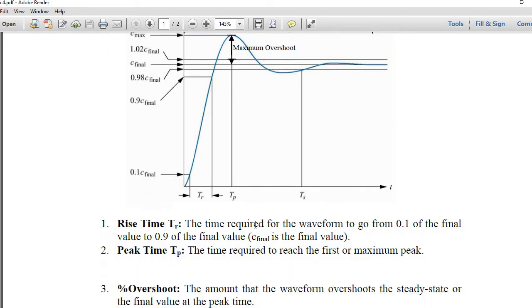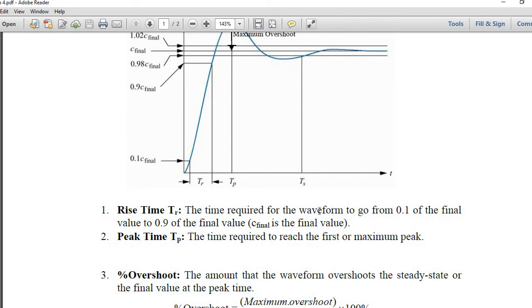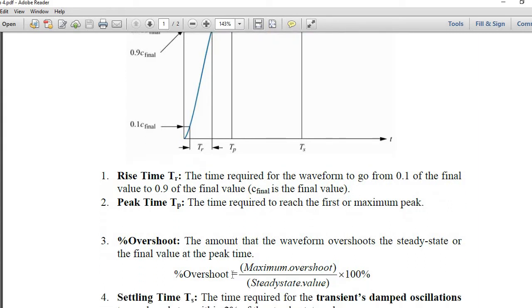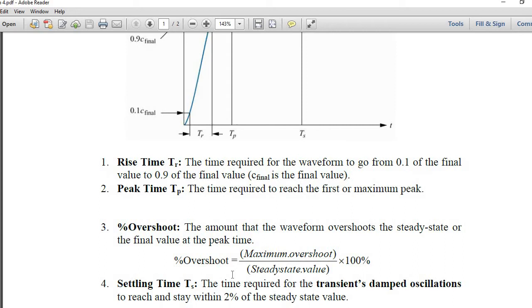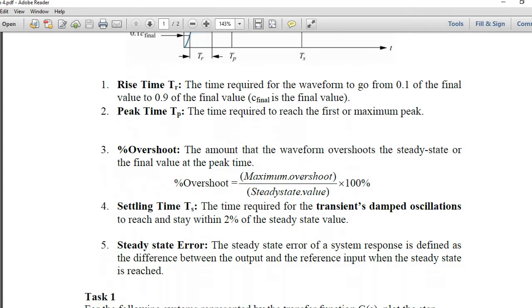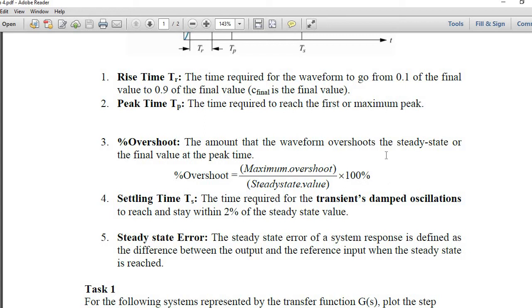So let's see what is rise time: the time required for the waveform to go from 0.1 of the final value to 0.9 of the final value. Peak time: the time required to reach the first or maximum peak. Percentage overshoot: the amount by which the wave overshoots the steady state or final value at the peak time. The last one is the settling time, the time required for the transient damped oscillations to reach and stay within 2% of the final value. Also, there is the steady state error.